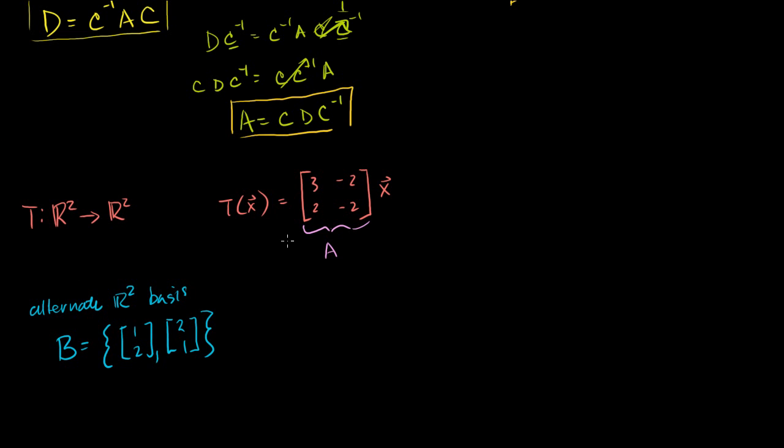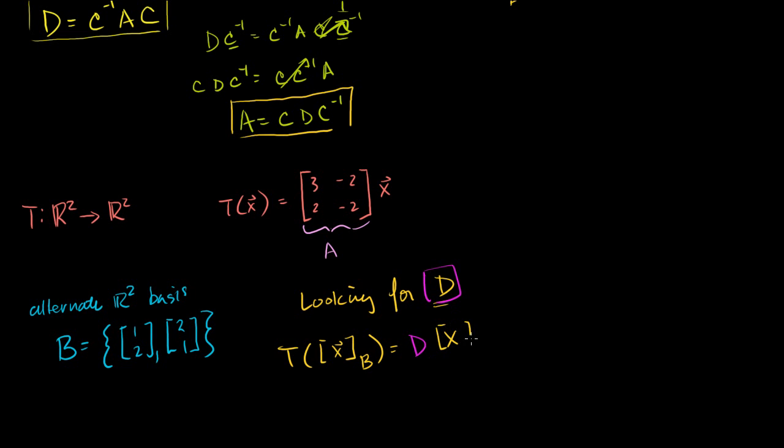So what we're looking for is some matrix D such that if I apply my transformation to x in B coordinates, or in coordinates with respect to this alternate basis, it should be equal to D times x in the B coordinates.